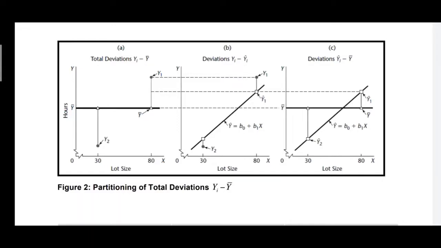So, garisan ni, the straight line here adalah the regression line, dipanggil regression function ataupun regression line yang kita dapat from the OLS method sebelum ni. Y hat equal to beta naught plus beta 1 x. Ini adalah line Y hat.